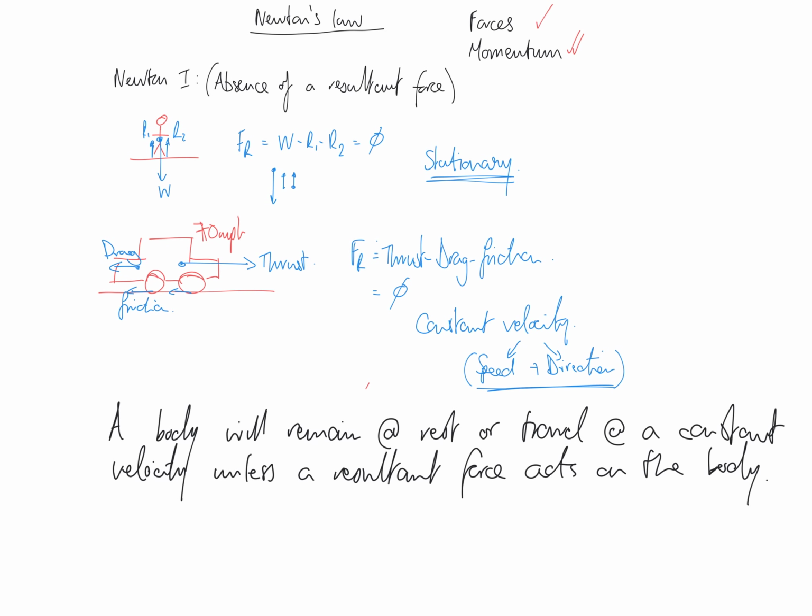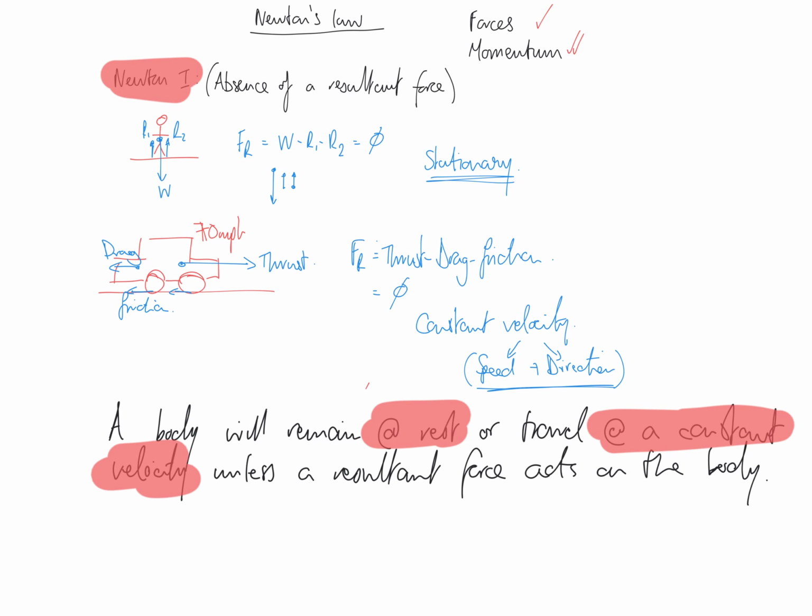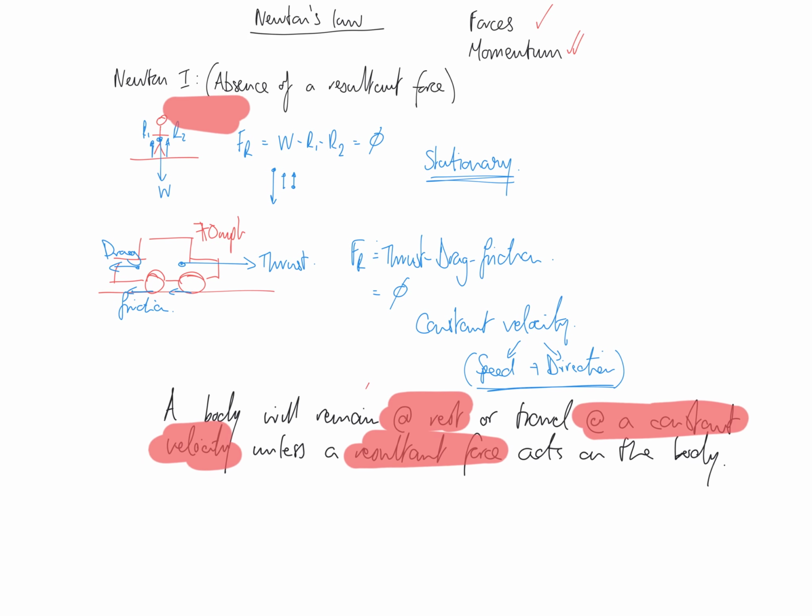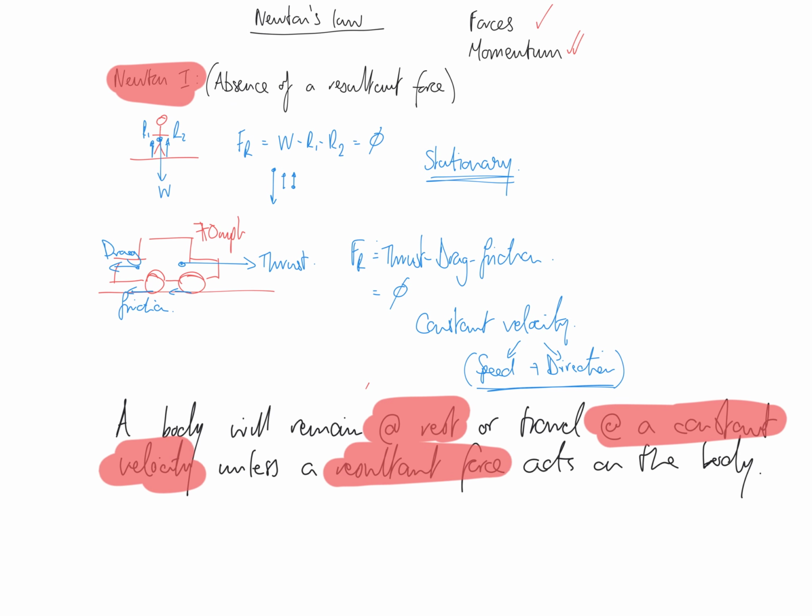So the essential parts to Newton's first law are something is at rest or at a constant velocity if the resultant force is 0. Try and remember those terms because they're really useful and they really sum up exactly how Newton 1 behaves.